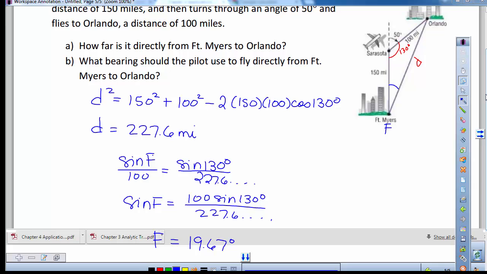So if I did 180 minus the 19.67, that's going to be approximately 160 degrees for a second solution, and that 160 degrees and the 130 degrees, they're not going to be able to be in a triangle together. So my bearing then would be north 19.67 degrees east.